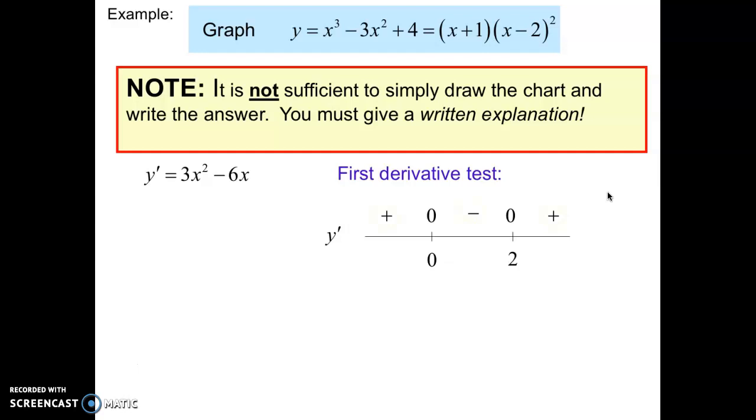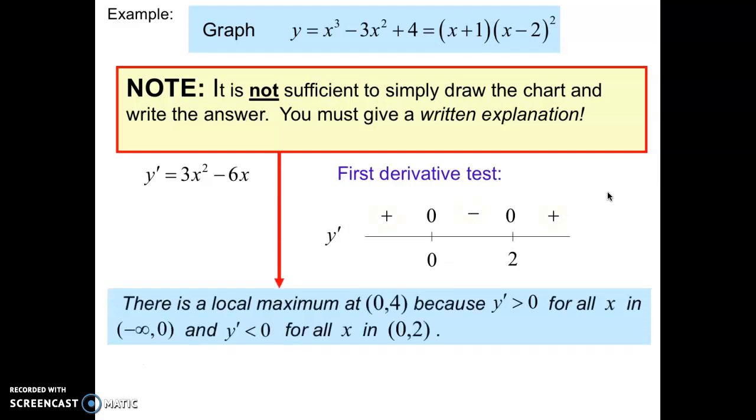Note, it is not sufficient to simply draw a chart and then write your answer. You must actually explain what the first derivative test is telling us. So in a full sentence, there is a local maximum at the point (0, 4). Now again, where did I get the 4 from? I took 0 and put it back into the original function to get the output of the function when my input was 0.